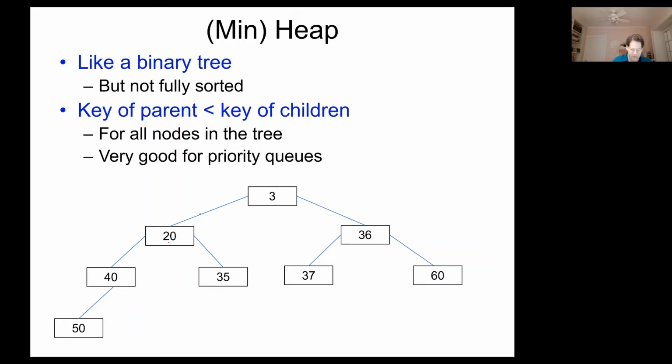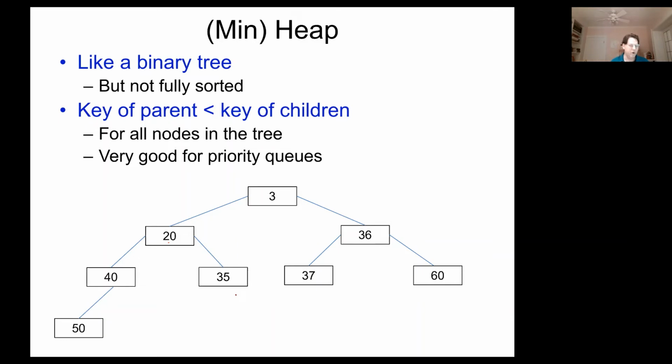In a binary search tree, you could also guarantee that the left child would have a smaller key than the right child. And that's not true in a heap. You can see here that actually the left child has a bigger travel time than the right child. So it's like a binary search tree, but it's only partially sorted.